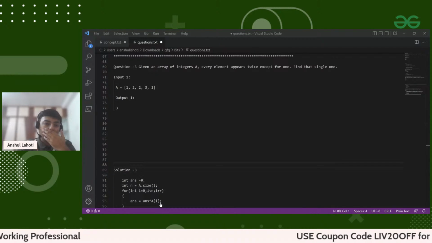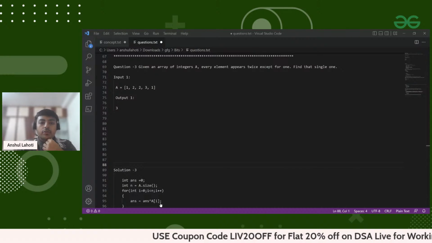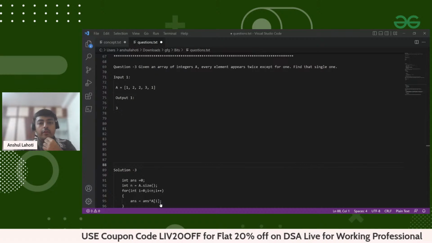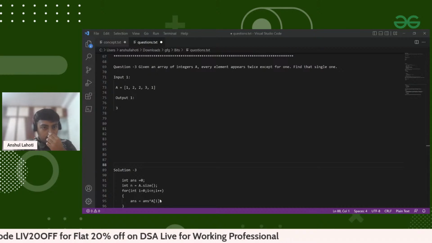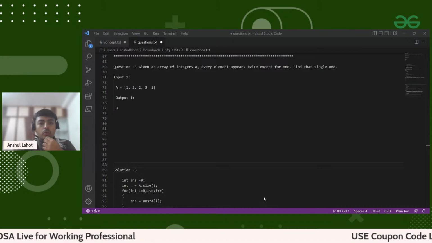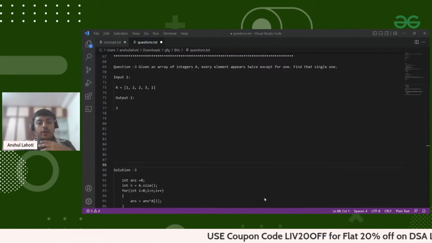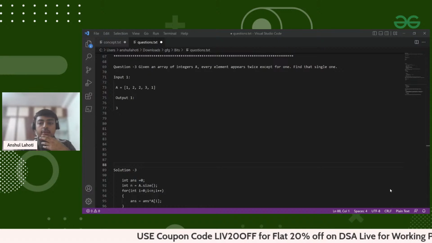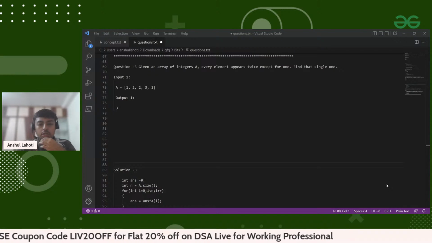Given an array of integers a, every element appears twice except for one. Find that single one. If you see here, the elements are 1, 2, 2, 3, and 1. So 2 and 1 are coming twice, and 3 is coming only once. So here the output will be 3.